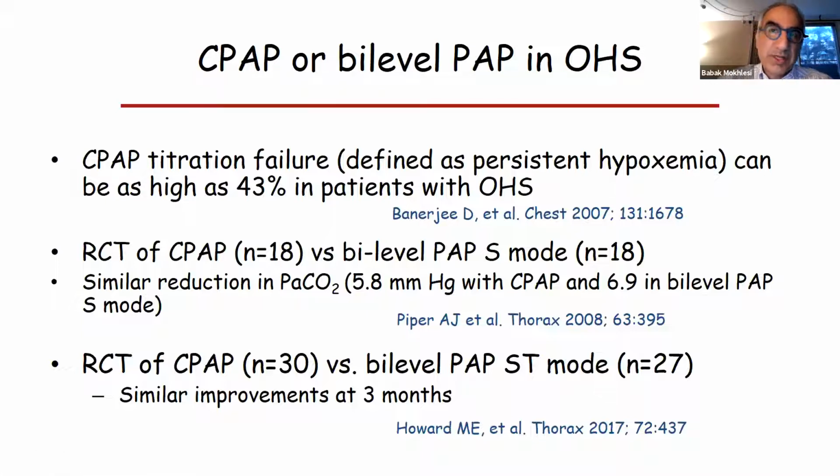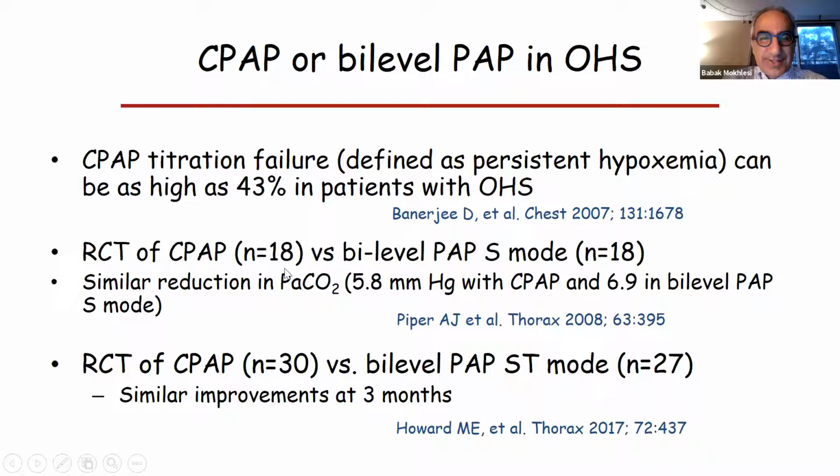The ideal pressure being the pressure that resolves apneas and hypopneas and so forth. I wrote the editorial on this years ago, and I said, well, that means 57% did well. So it depends if you're a glass half full, half empty person.